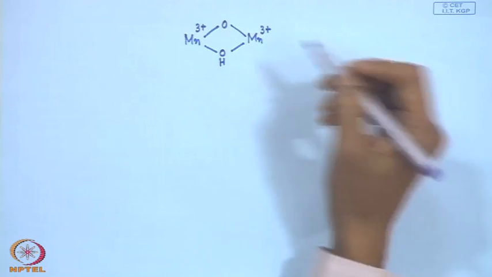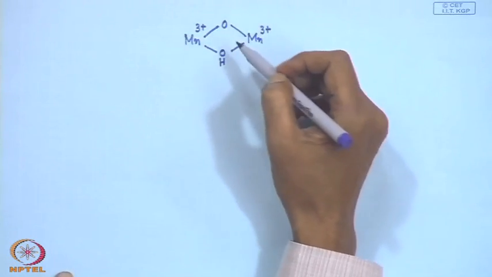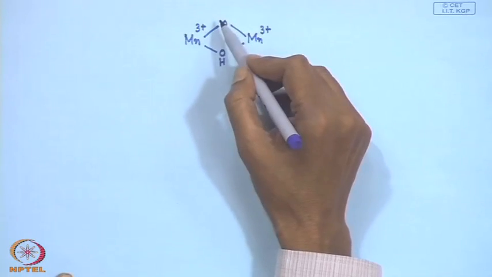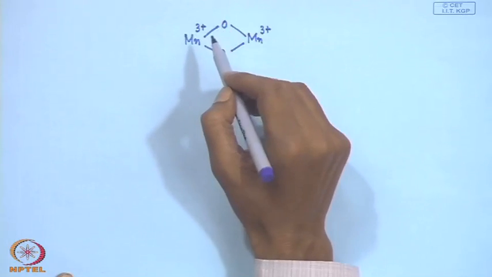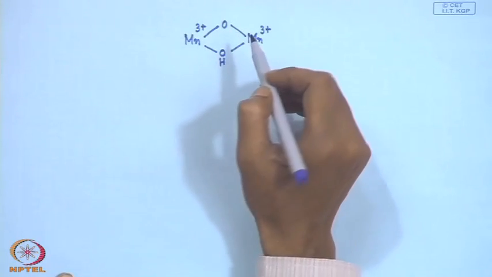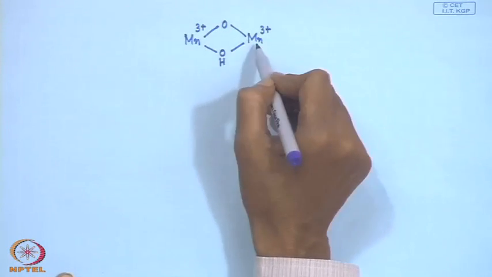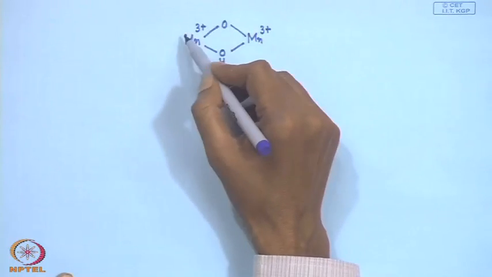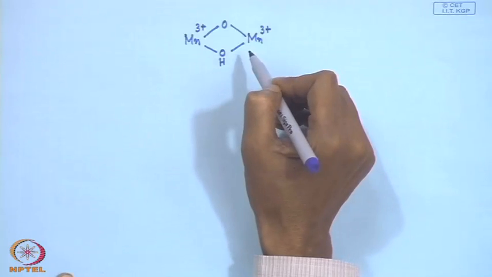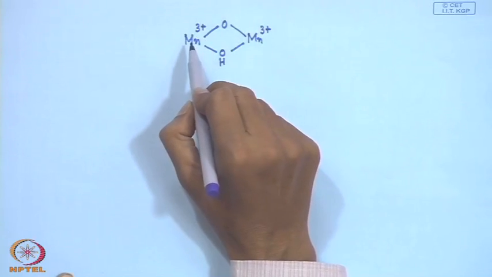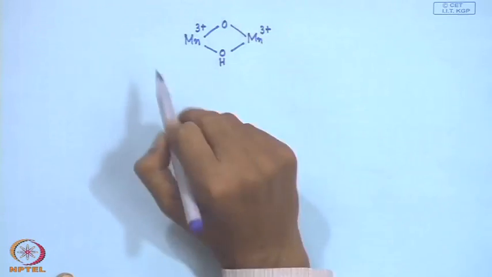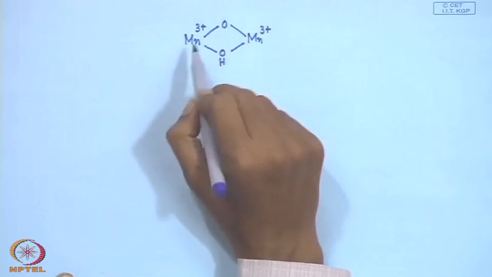If you consider this particular motif as a diamond shape, and we bring the third bridging unit, the acetate unit, how does it bind these manganese sites? Because all 4 atoms will be in the plane of the paper. So, if you have acetate, it will be above the plane of the paper or below the plane of the paper.